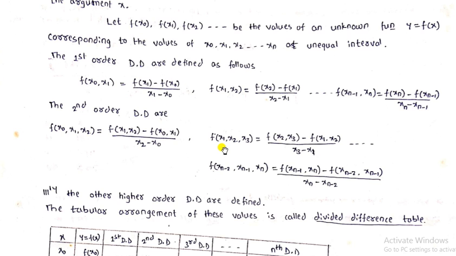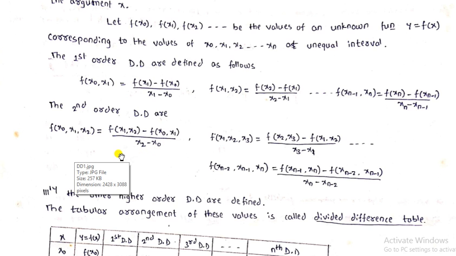Then f of x1 x2 x3 is f of x2 x3 minus f of x1 x2, whole divided by x3 minus x1. Similarly we write f of x2 x3 x4 and so on. This is called the second order divided differences.